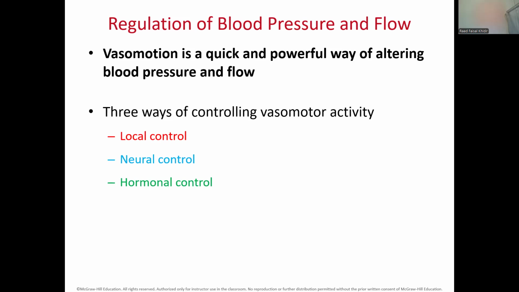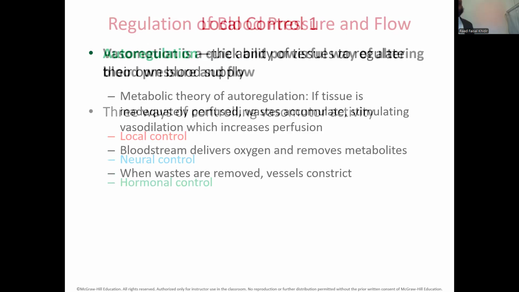It doesn't want ischemia. And also hormonal control. There are hormones like natriuretic peptide that is going to reduce blood pressure. And you have aldosterone and angiotensin that are going to increase blood pressure. So those are the 3 ways by which we affect our blood pressure and blood flow.